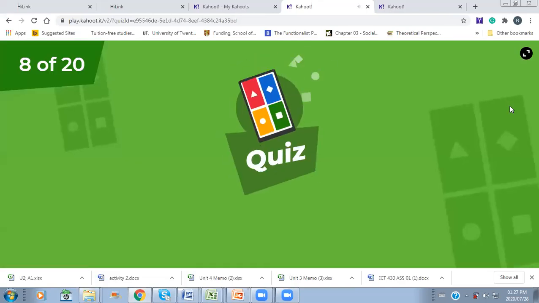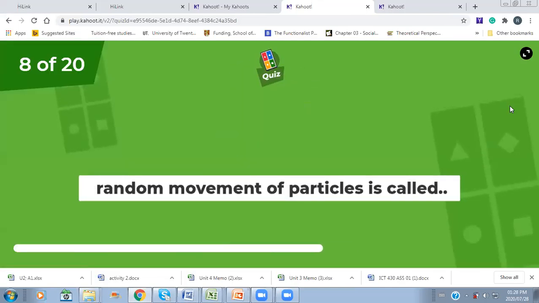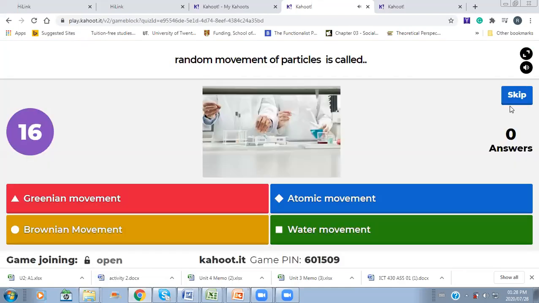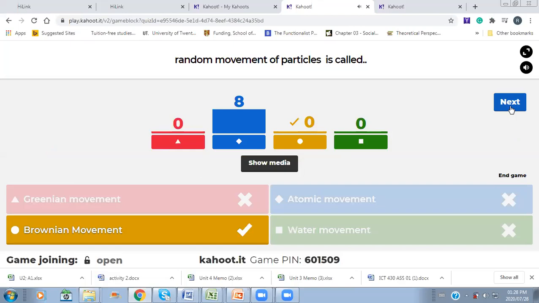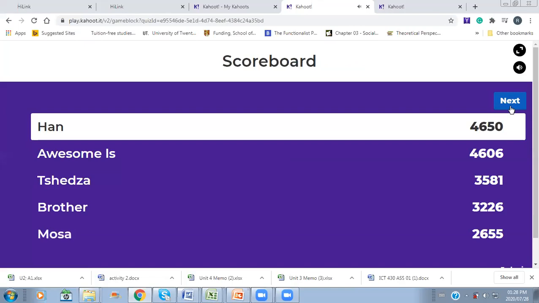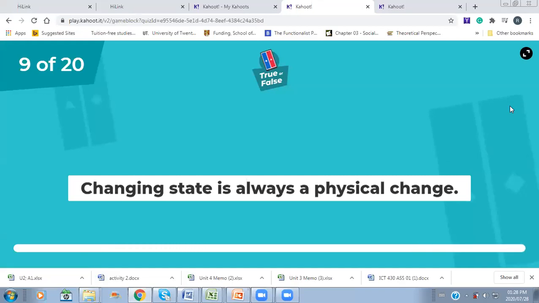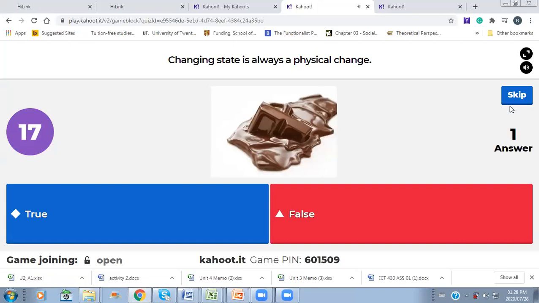Random movement of particles is called Brownian movement. No one got this one. Let's go to the next. Changing state is always a physical change.